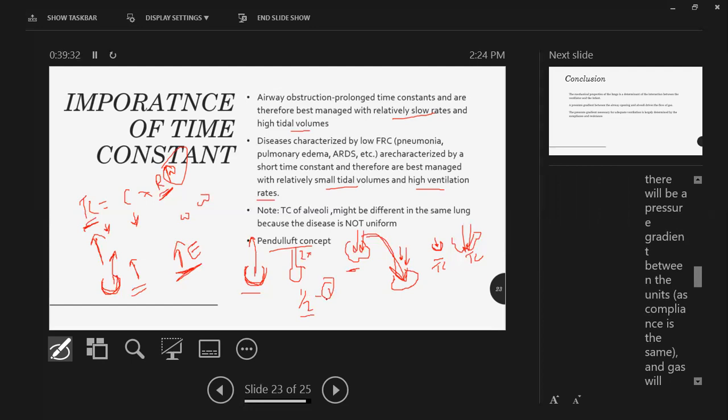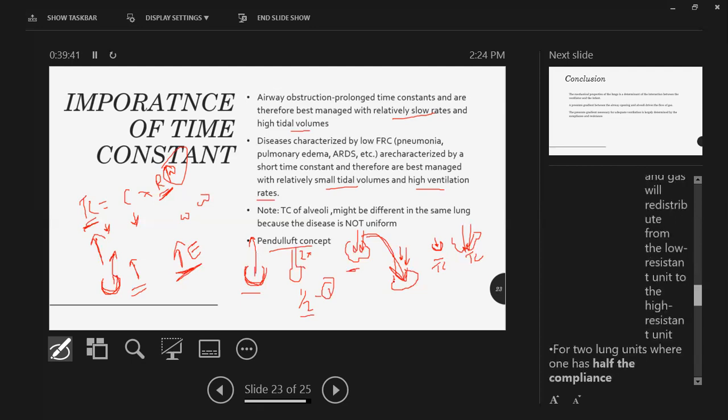Whereas this one, what happens? There will be a pressure gradient between the units because compliance is the same, and gas will redistribute from the low resistance unit to the high resistance unit. Because this good one will see that, oh no, this is only half filled, so I will try to help this out.